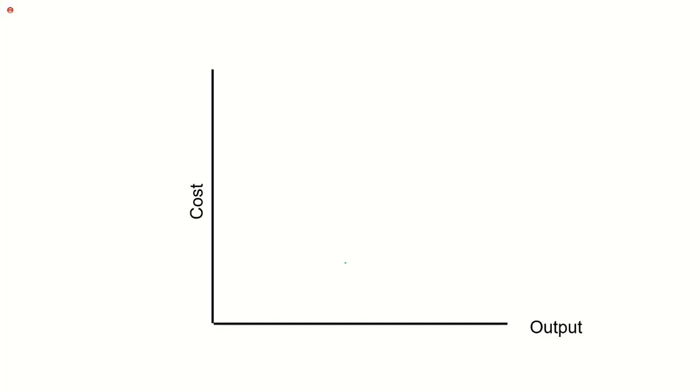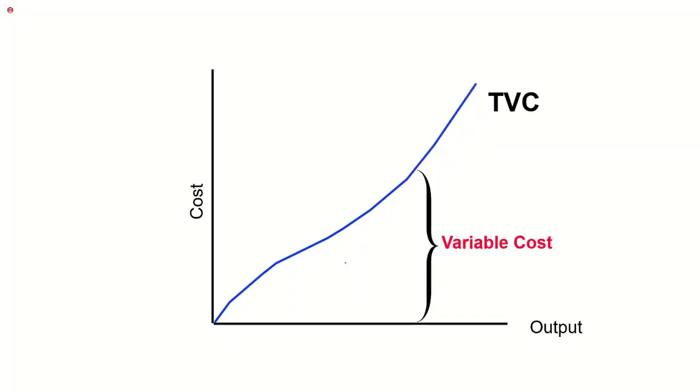What would you expect? You would expect that for a large scale firm, as you increase the level of output, the cost in the long run would reduce. But if you draw the output, we can see that the typical cost function would look like this.